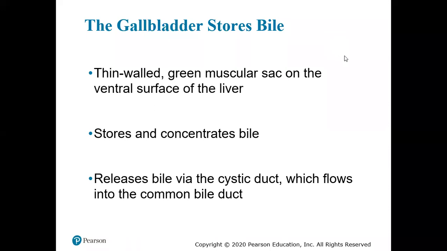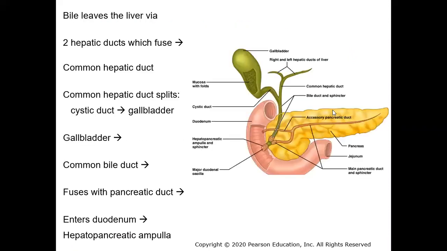So the gallbladder is this thin-walled green muscular sac on the ventral surface of the liver, and it is going to store and concentrate bile. It releases bile via the cystic duct, which flows into the common bile duct. We're going to go over that duct system.